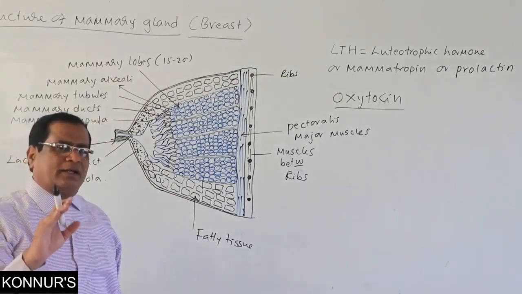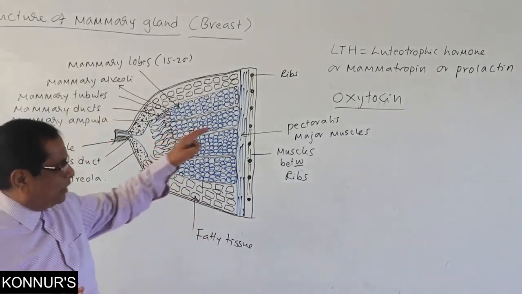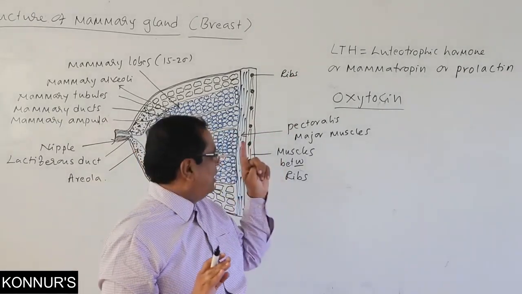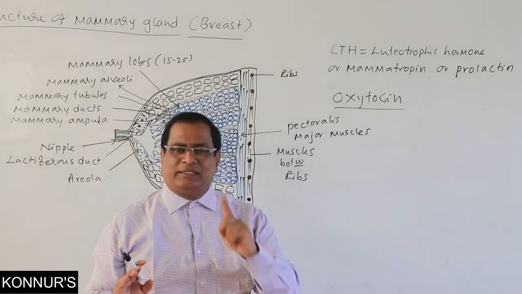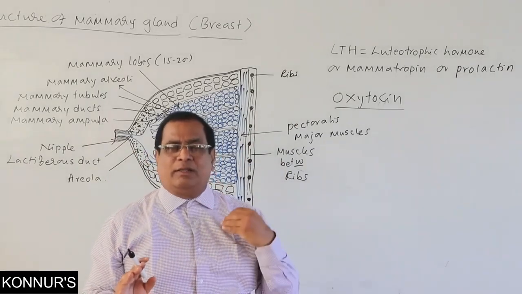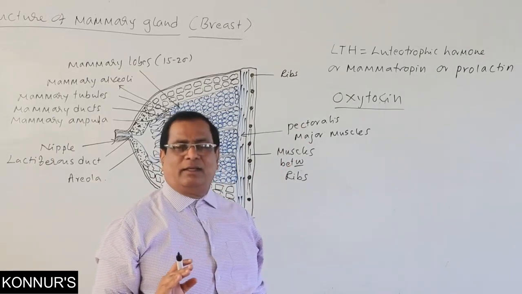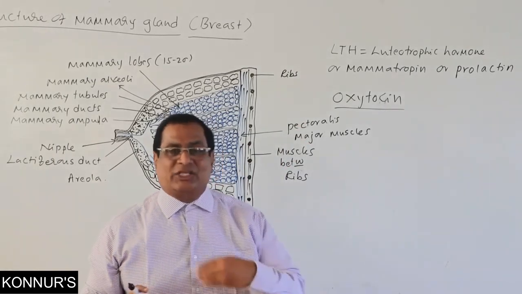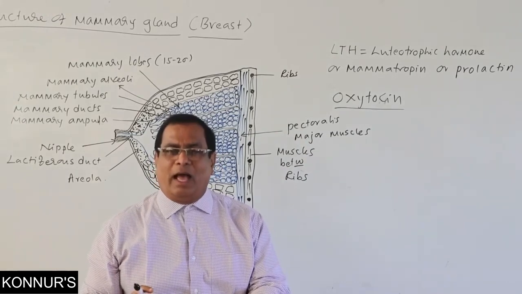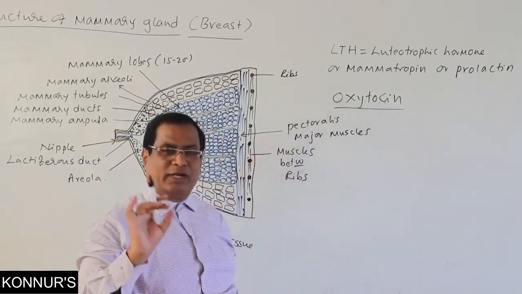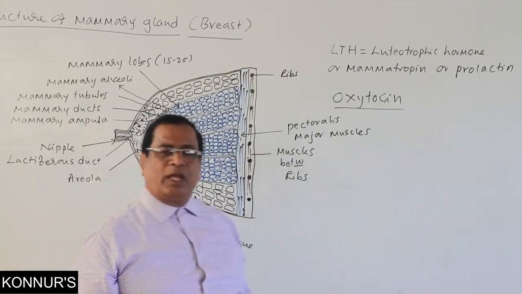You should not get confused with the role played by these two hormones. LTH is mainly meant for the production of milk, and oxytocin is meant for ejection of milk after childbirth. We should remember the function of these two hormones.